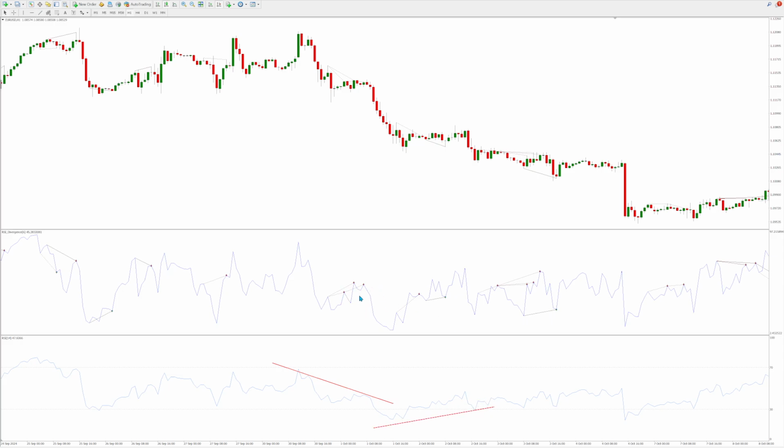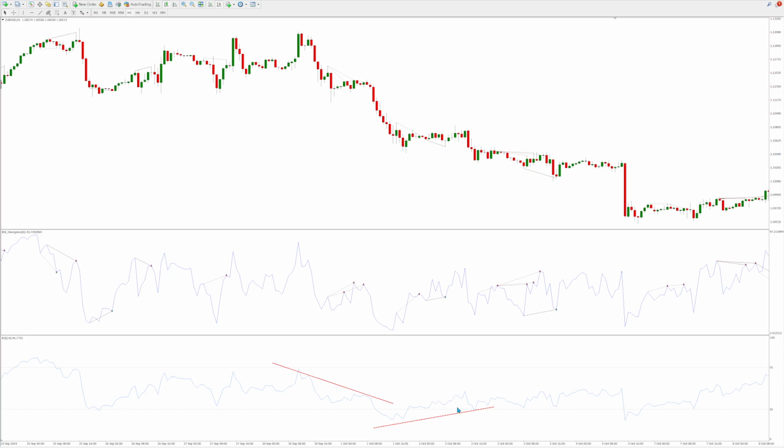You can see the RSI divergence indicator just does it automatically with arrows here, green arrows for up divergence and red arrows for down divergence. I'll be honest, I actually prefer to mark the levels myself, just because I don't always find that the RSI divergence indicator picks the right levels, but that's open to interpretation.